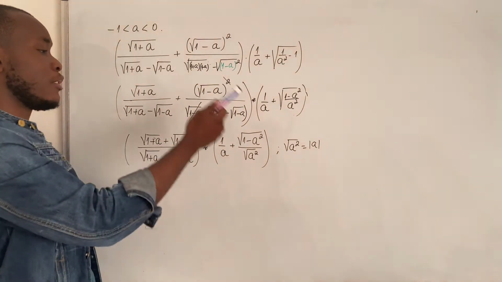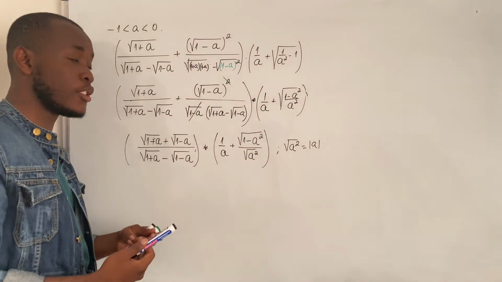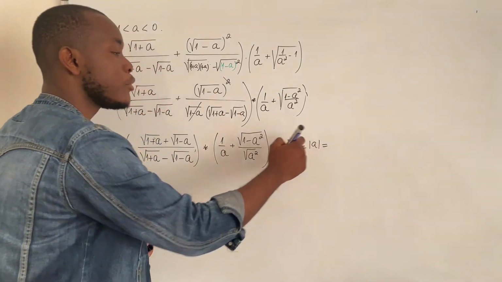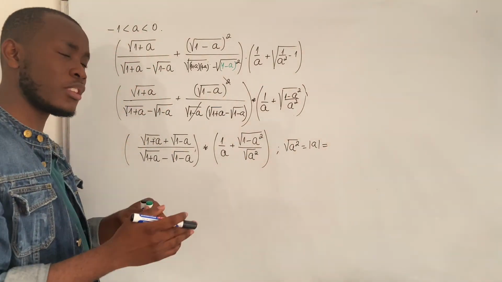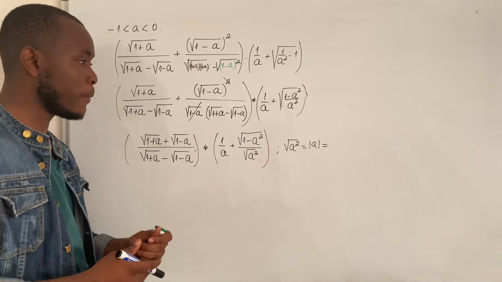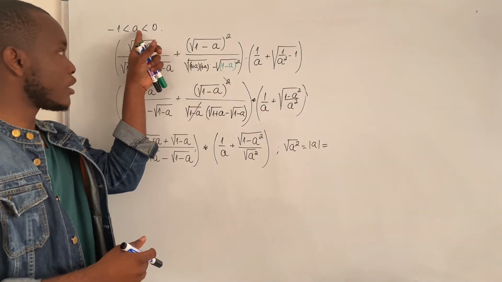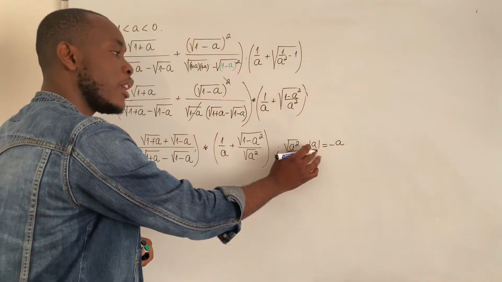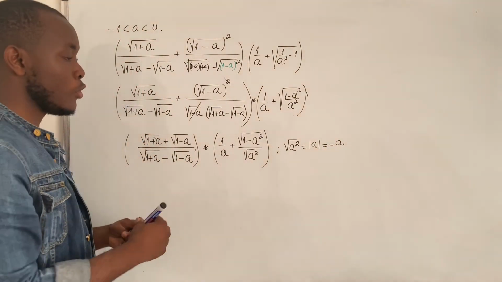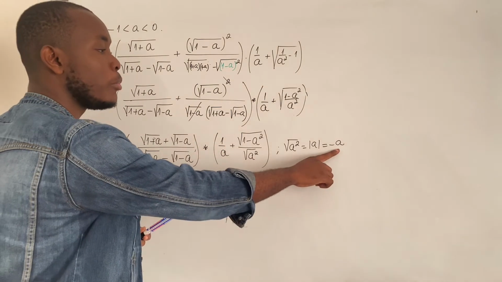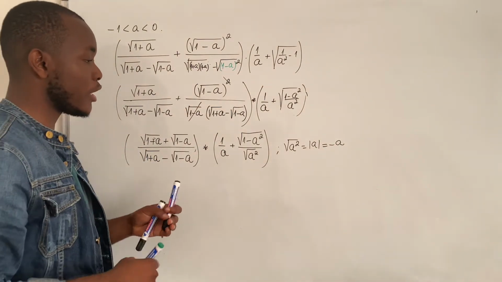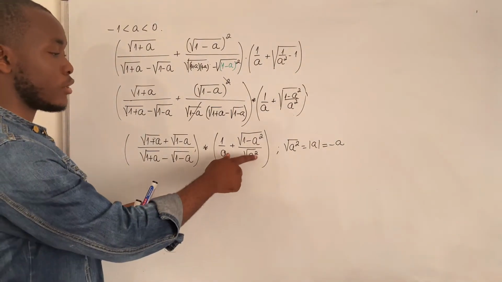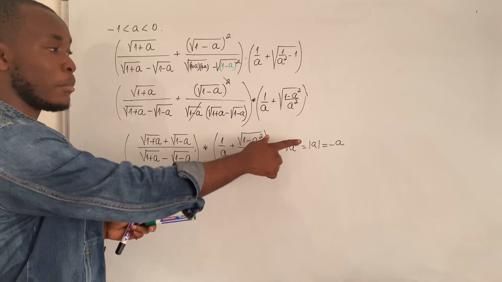Because a is negative. We can't say it's just a. It has to be absolute value of a. And the absolute value of any number, whether it's positive or negative, always produces a positive number. So if a is a negative number, because it's less than 0, that means minus a is positive. So that means absolute value of a will be equal to minus a. So that means square root of a squared will be equal to minus a. So we can simply then substitute where there is a square root of a squared by minus a.